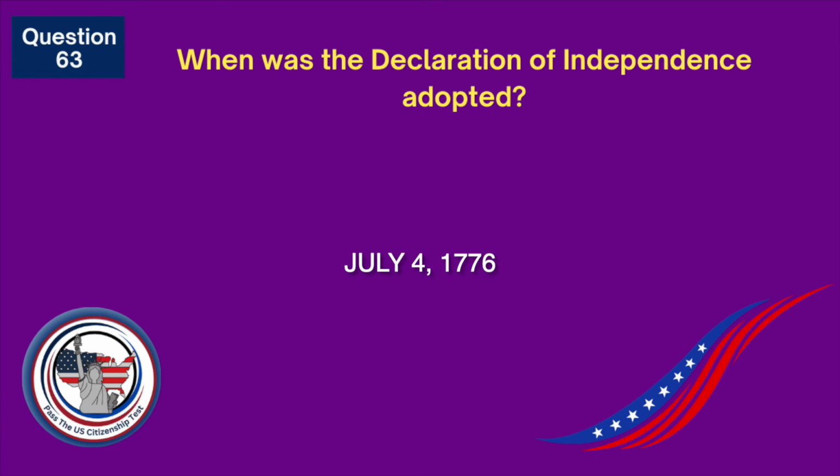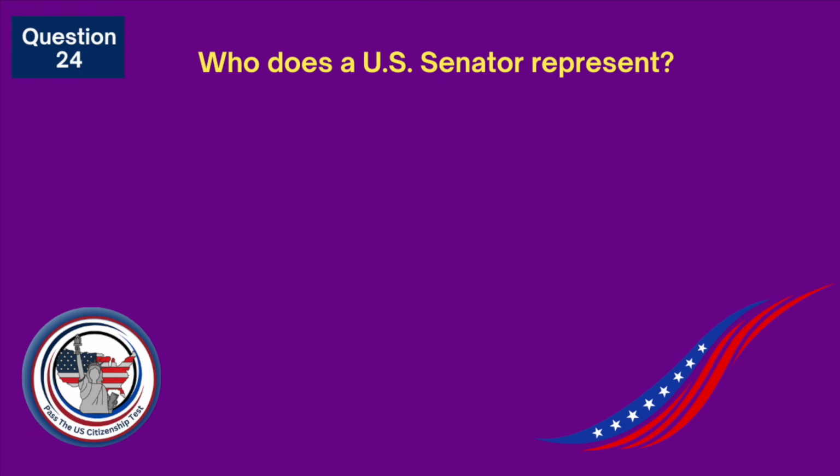July 4, 1776. Who does a U.S. Senator represent? All people of the state.